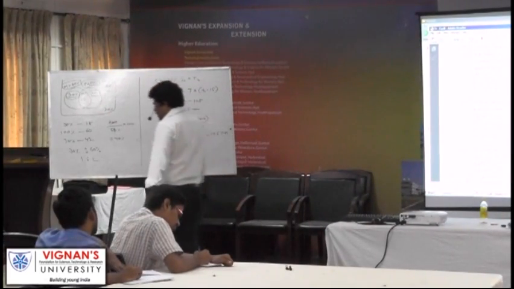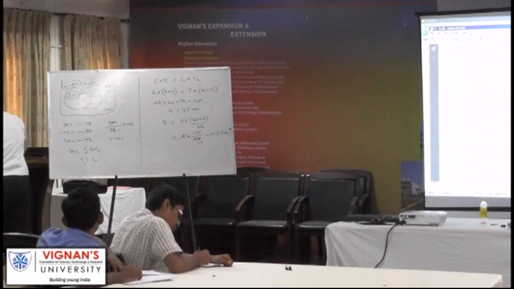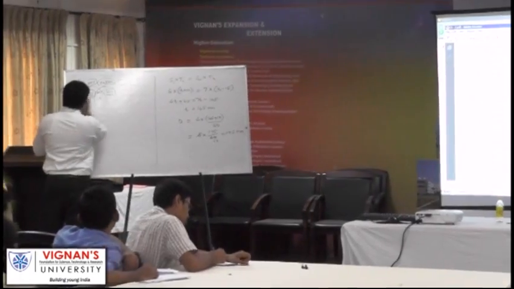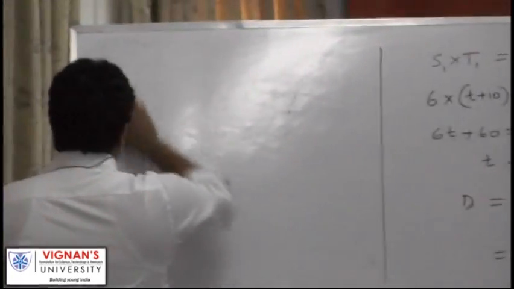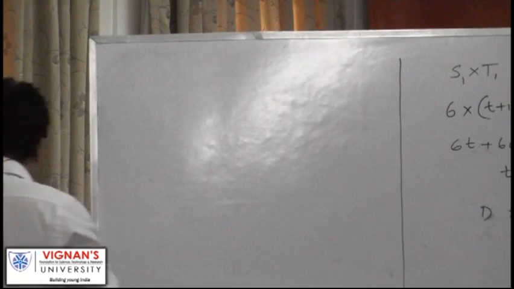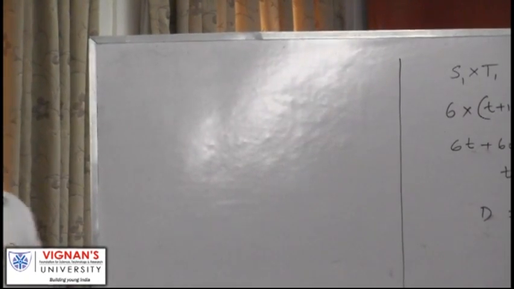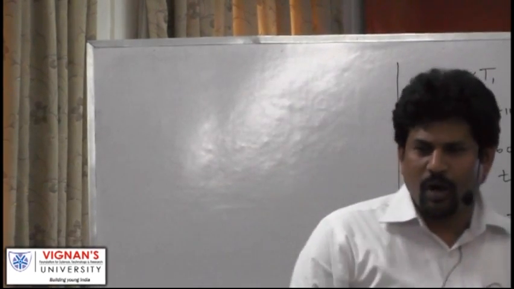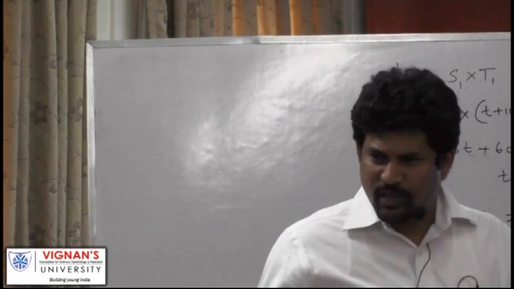Now, we know the time difference in both the cases. What is the formula for time, guys? How do we calculate time taken? Distance by speed. What distance is he traveling here? The distance from his house to office. Do we know that distance? We don't know.